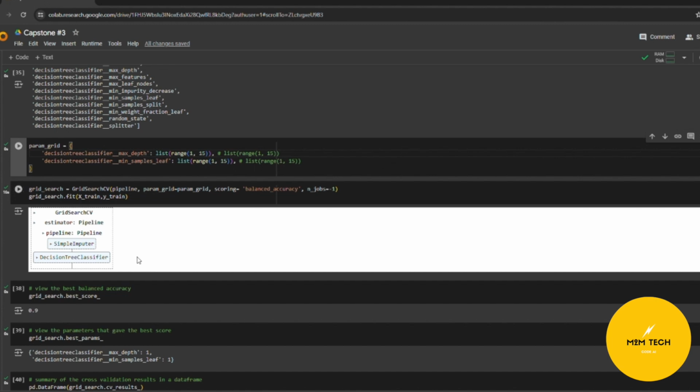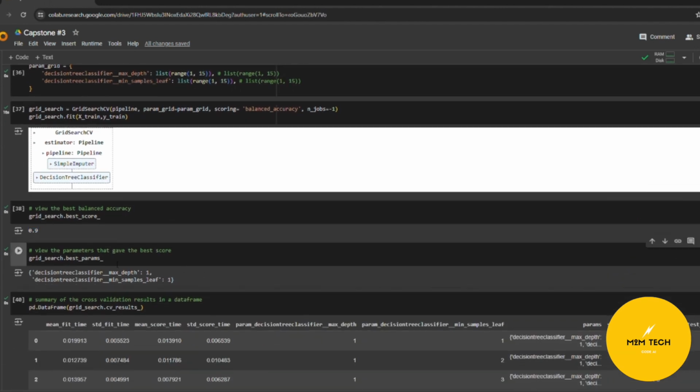And doing this grid search, it has given me the best balanced accuracy of 0.9 and the parameters of max depth being equal to 1 and the min samples per leaf being equal to 1 to be the best score, which is interesting because when I manually did this process, I had gotten a balanced accuracy score of 0.974, which is higher than what the automated process had given.